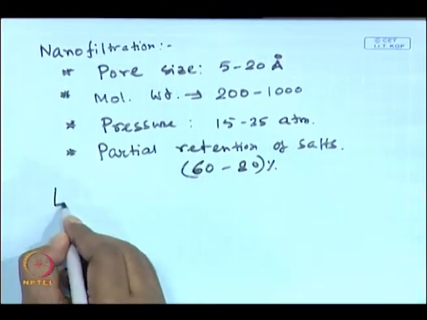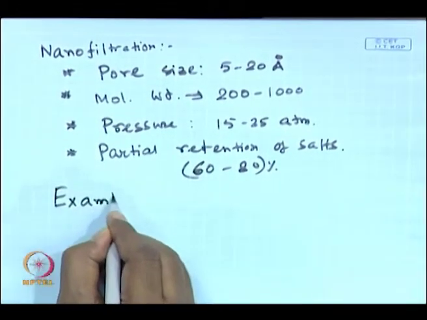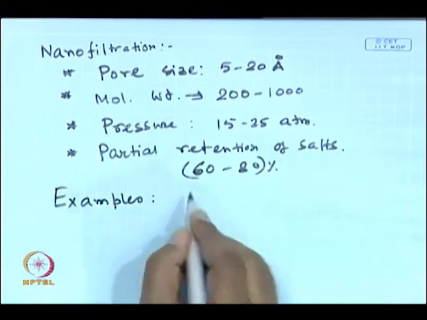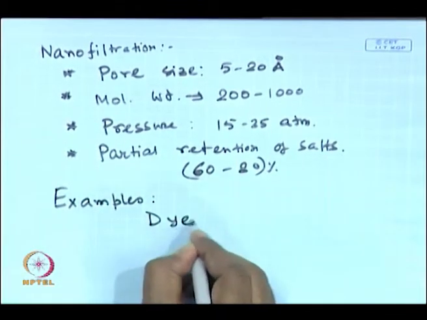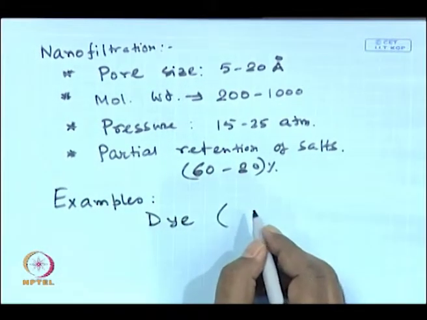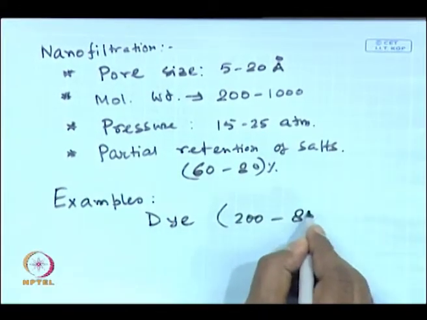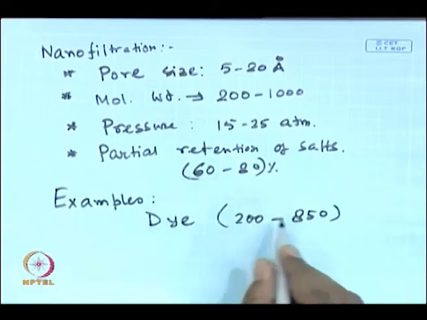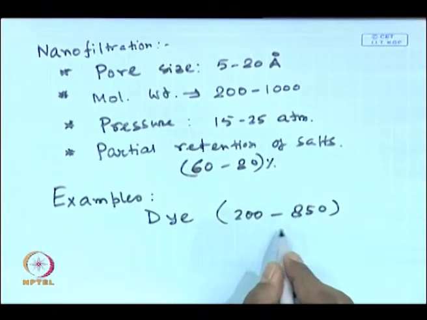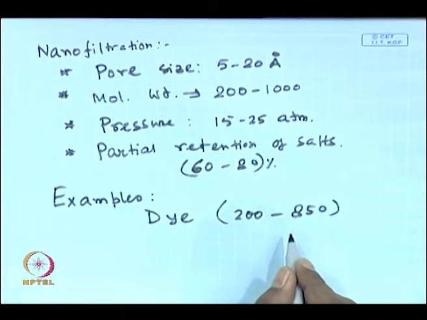The applications and examples of nanofiltration are dyes, the separation of dye molecules. Dye molecules generally have a molecular weight in the range of 200 to 850 or 900. There are various dyes which have molecular weights in this range.